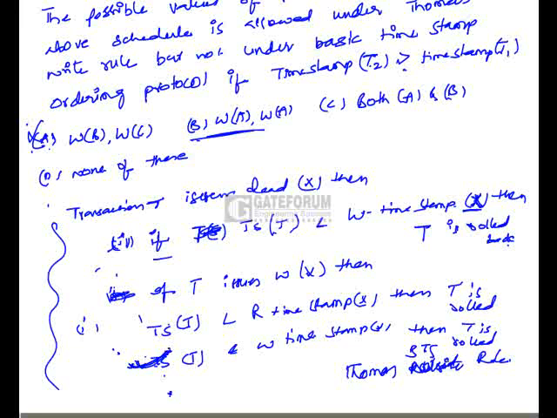As we have discussed earlier, the transaction which called the write operation will be rolled back in case of basic timestamp ordering protocol, but it will be allowed under Thomas Write rule. This write operation will just be ignored, but the transaction is not rolled back. So the correct option is option B.